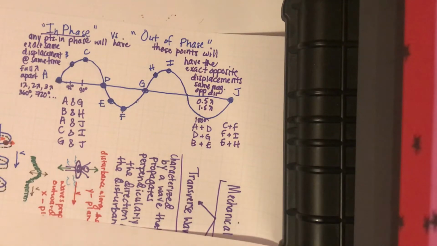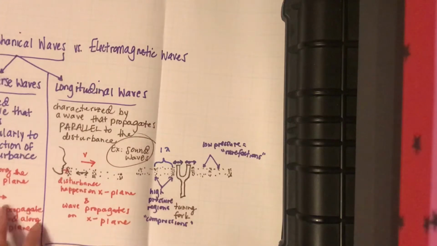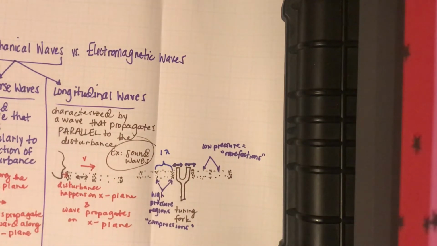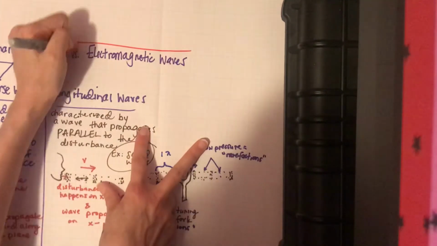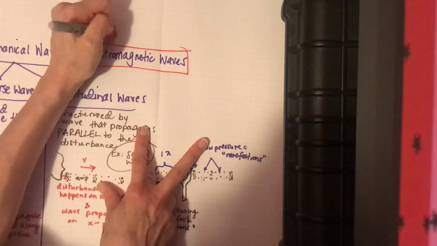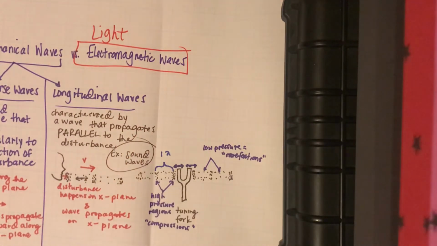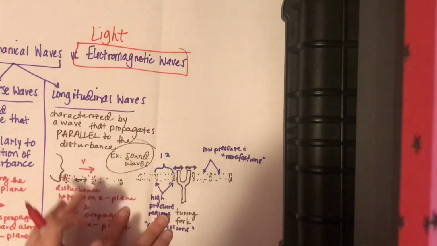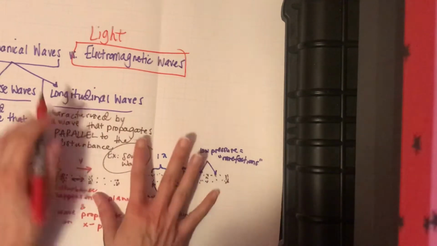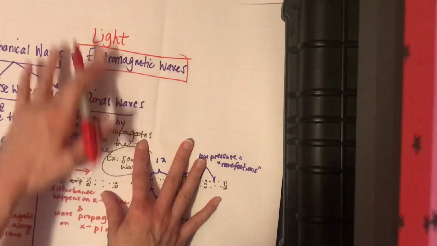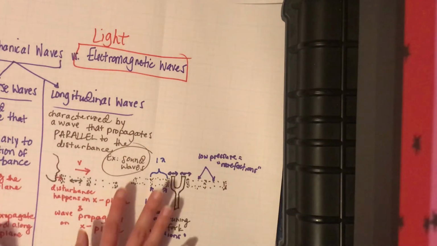The other thing that I want to do before moving on is we never talked about electromagnetic waves yet, and electromagnetic waves are a fancy way of saying light. Now, light we're going to get into a lot more when we do the modern physics unit, but it's really important to know that light waves are not fully understood yet.